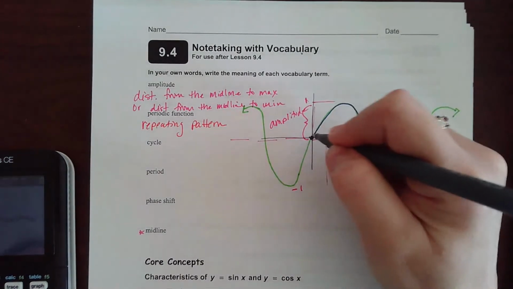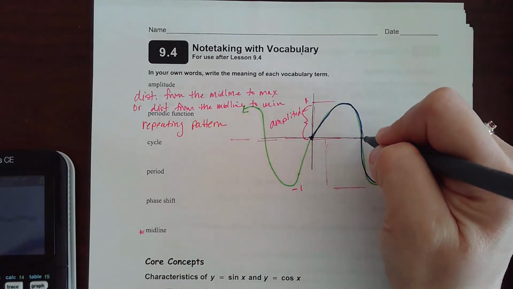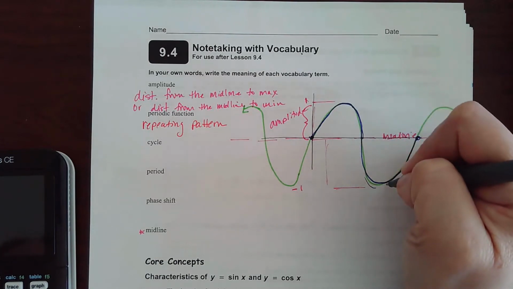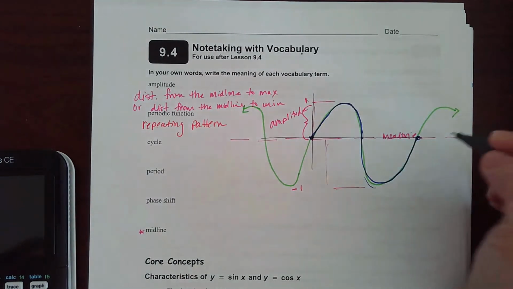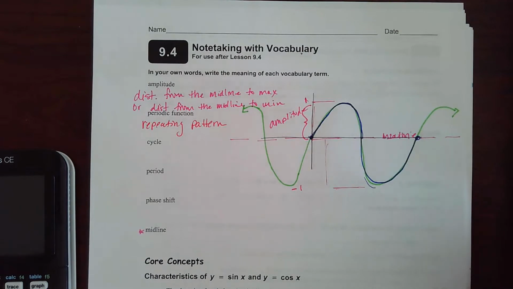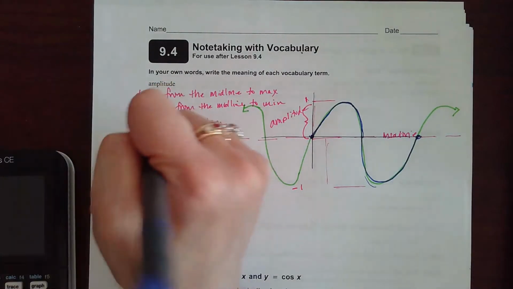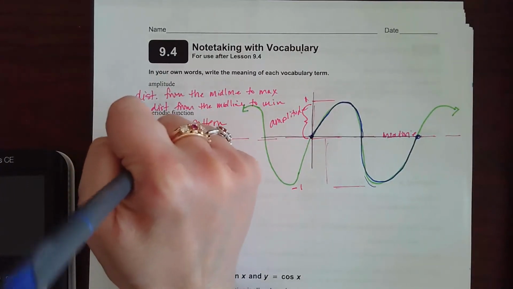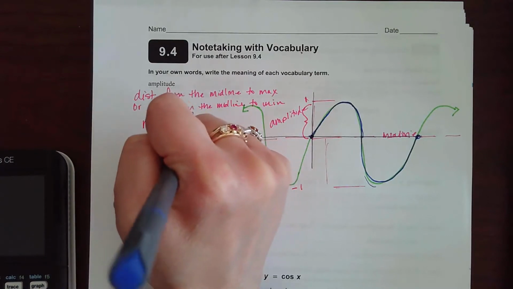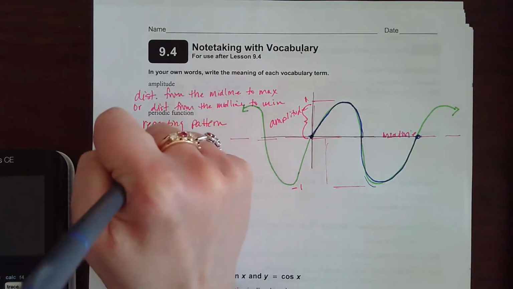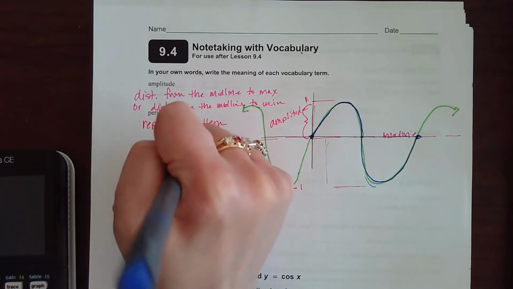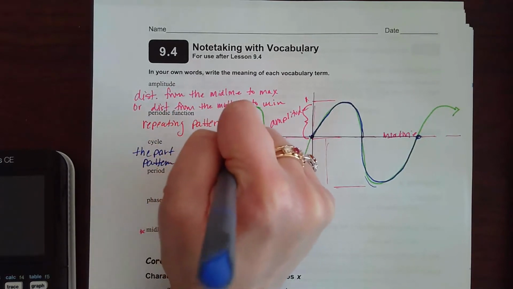It goes from here, goes up, comes back down to the midline, goes down to a min, comes back to the midline, and then it repeats over and over and over again. So a cycle is the part of the pattern that repeats.